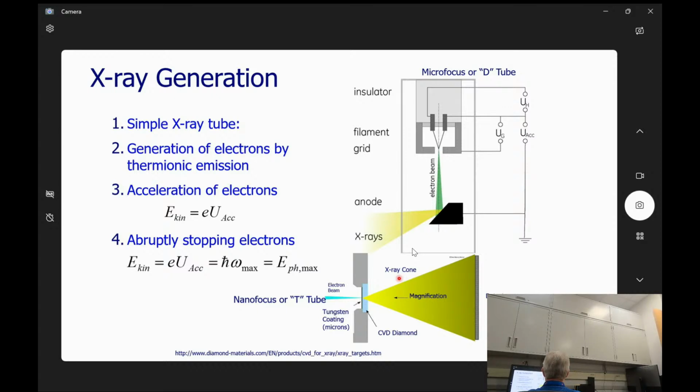So let's talk about the X-rays that we're getting off of our tube for a moment, because this is important when we're thinking about how it's going to interact with our sample. Simple X-ray tube, again, we've got our filament, got an electron beam, in a microfocus or D-tube or a deflection tube, that's going to hit a much more heavily coated post that might be actively cooled, might be rotating, but we're going to have X-rays coming off from the side. And then again, for transmission, got a thin layer of target material on a window, and we've got X-rays coming straight through.